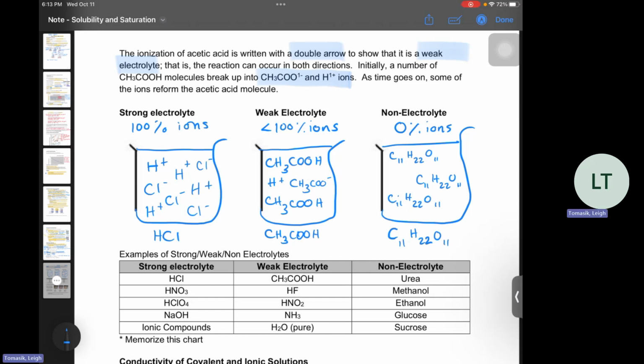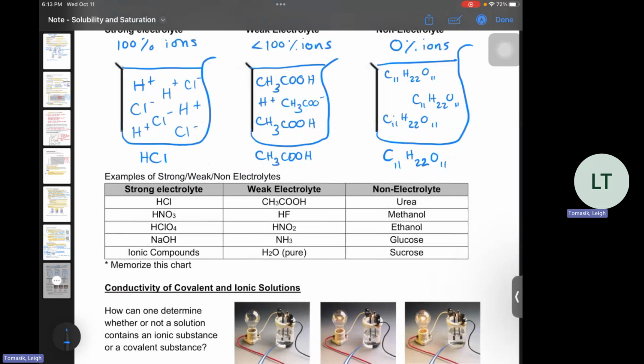So examples of strong electrolytes include hydrochloric acid, HNO3, which is nitric acid, HClO4, which is perchloric acid, NaOH, which is sodium hydroxide, and all ionic compounds.